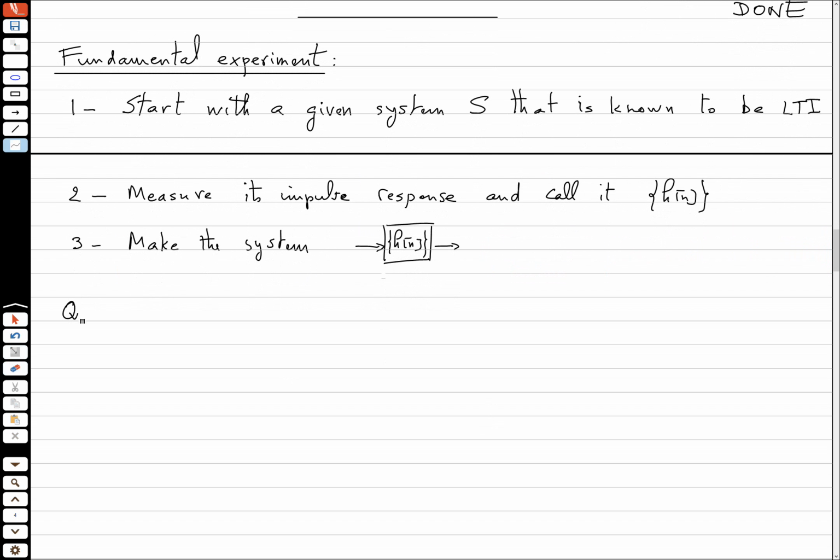Question: is there any relation between S and this?